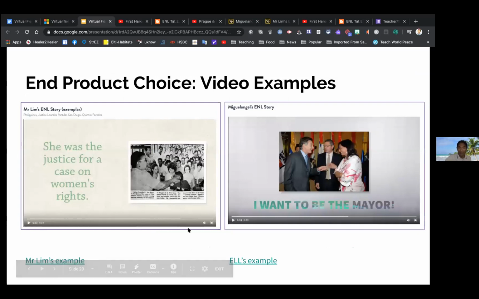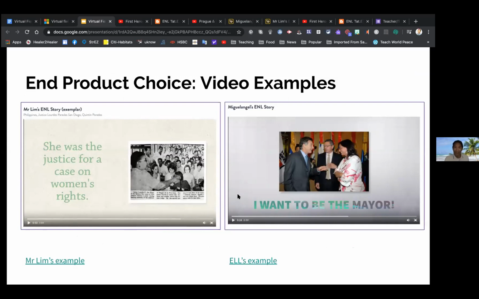So these are a couple of examples that I show to my students. One is the one that I used for myself, because when I started this project, students were asking me, can you provide an example? Well, I was just starting the project, so the only example that I could create was one of my own.